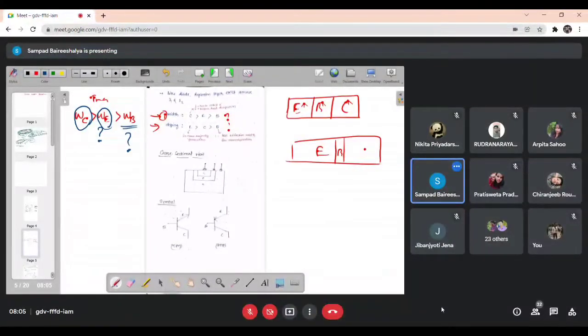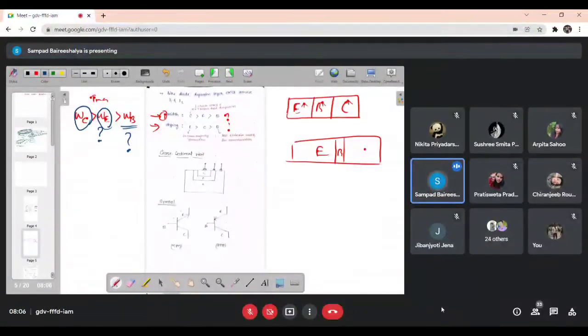Yes, sir. Is it understood now? What is the reason we are taking the base width less? Remember, this can be one question: why the width differs, why the collector has the largest width and the base has the least width. The collector width is more because you have to collect more output; this is your output terminal and you want more output. And why is the base width very less? To decrease the recombination rate.